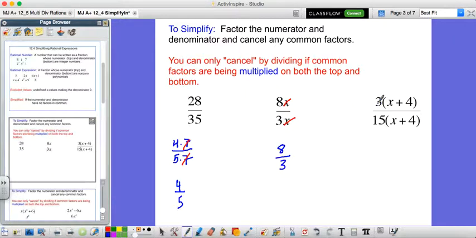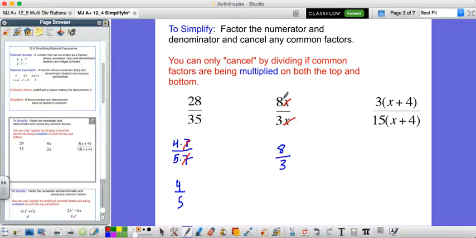Looking here now, we have 3 times the quantity x plus 4 divided by 15 times the quantity x plus 4. Now, you might be tempted to distribute this 3 and distribute the 15. But our general process for simplifying is to factor, and this is already factored. So we have 3 times x plus 4 and 15 times x plus 4.